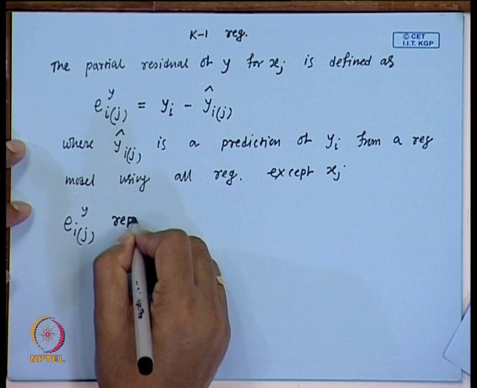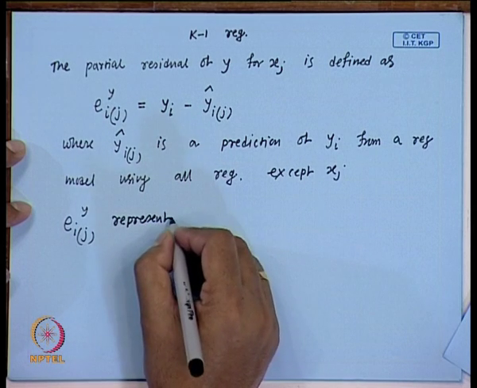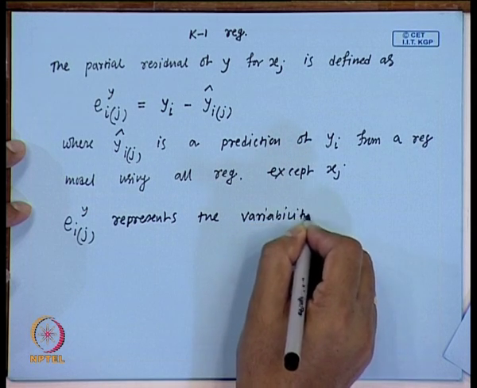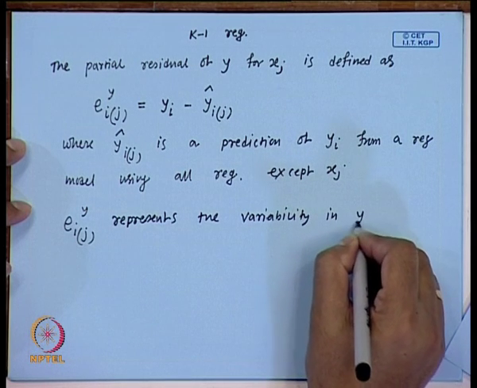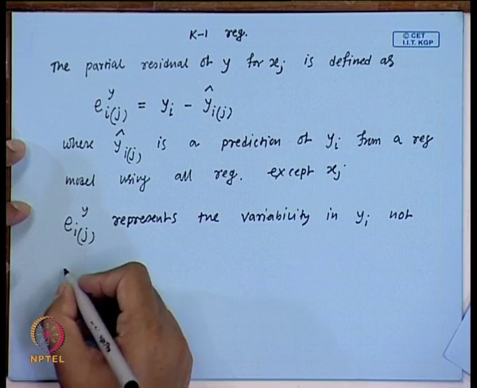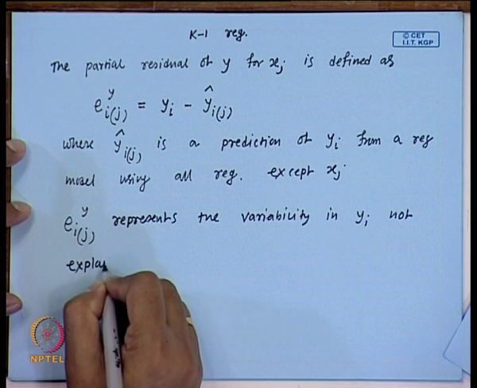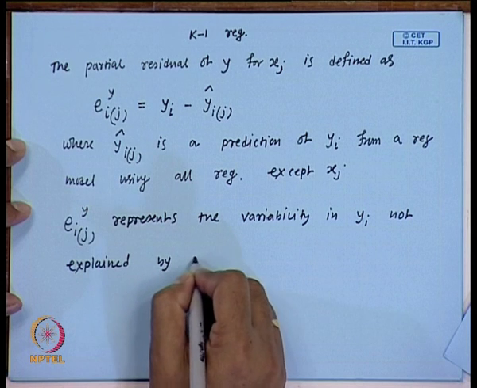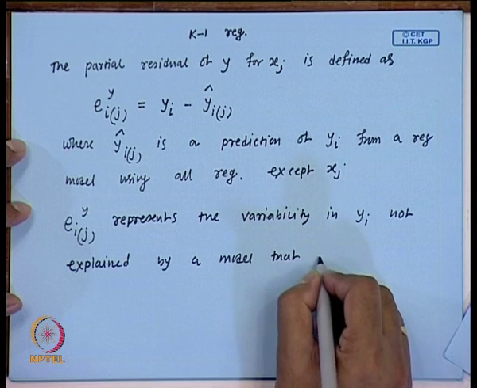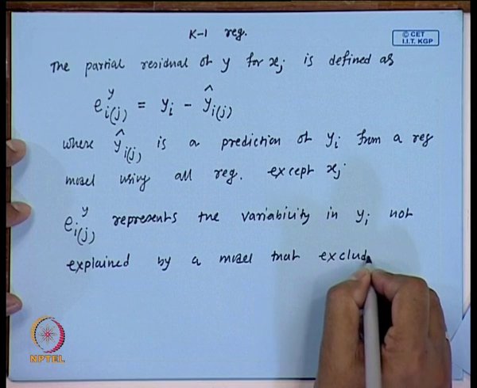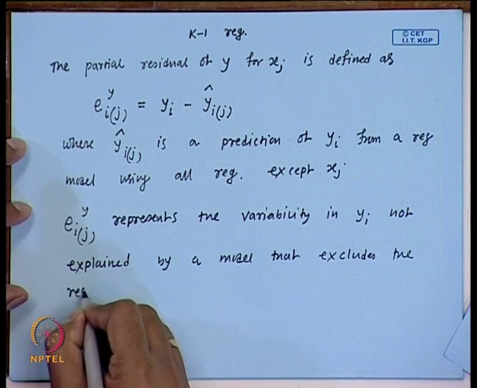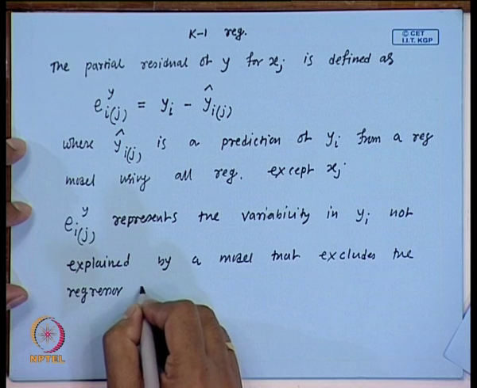represents the variability in yi that is not explained by a model that excludes the regressor xj.